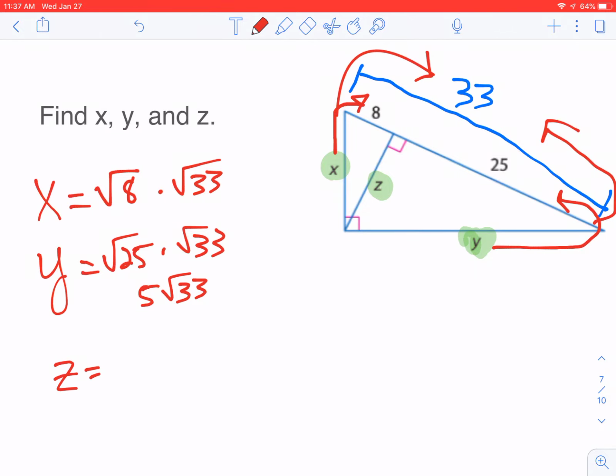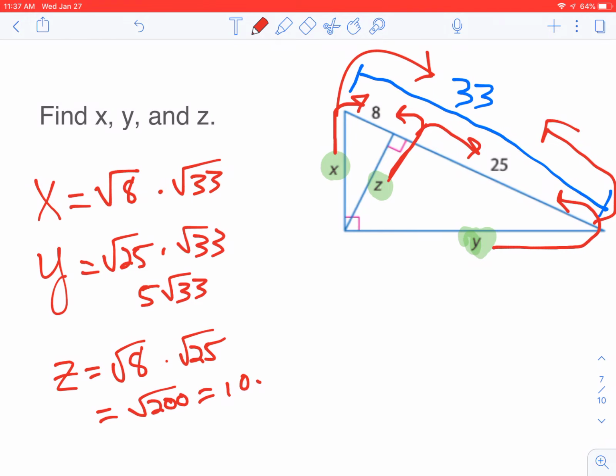5 root 33. Then z, what I do with z is I never go through this bar straight ahead. I can't go through that bar. So I'm going to take a left to 8 and a right to 25. So it'll be the square root of 8 times the square root of 25. And then we solve, right? So that's going to be the square root of 200, which is 10 root 2.